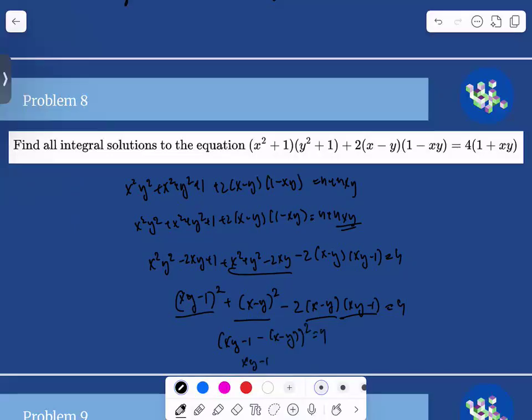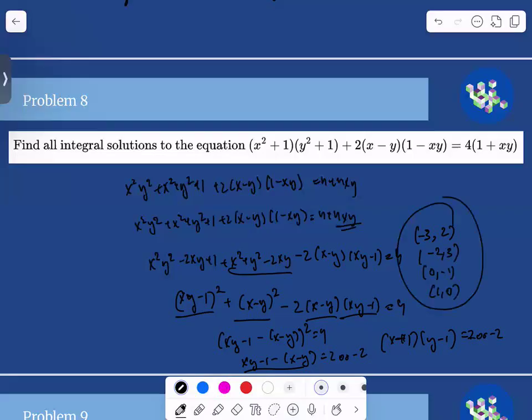And that implies that xy minus 1 minus x minus y is equal to 2 or negative 2. And this left-hand side can be written as x plus 1 times y minus 1, and that is 2 or negative 2. So using that factorization, that would give us the solutions negative 3 comma 2, negative 2 comma 3, 0 comma negative 1, and 1 comma 0 as our solutions.